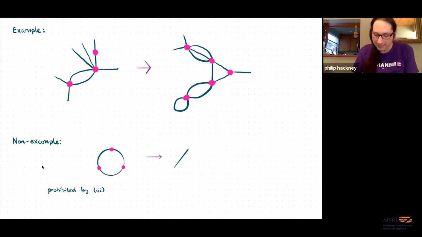So each vertex should get a subgraph associated to it, or some embedding. And I'm going to draw them like this. Maybe I won't draw an arrow. But these are the embeddings that are showing up.